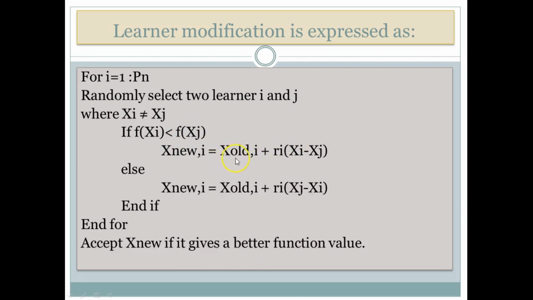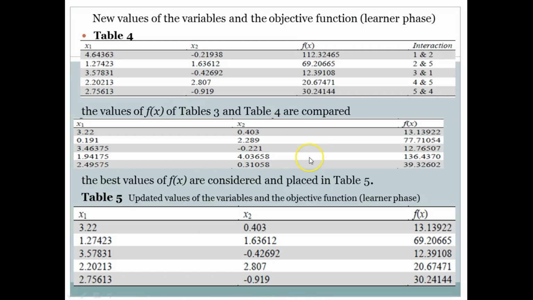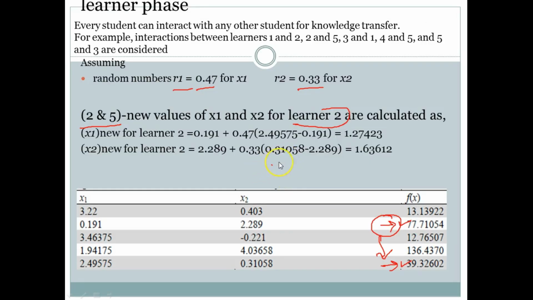So look at this formula. The formula says the new value is equal to the old value plus a random value times the difference in their values. So we will apply this in our calculation, and you will find here the value of learner 2 is calculated as, this is your old value plus the random number for x1 and the difference 2.4975.